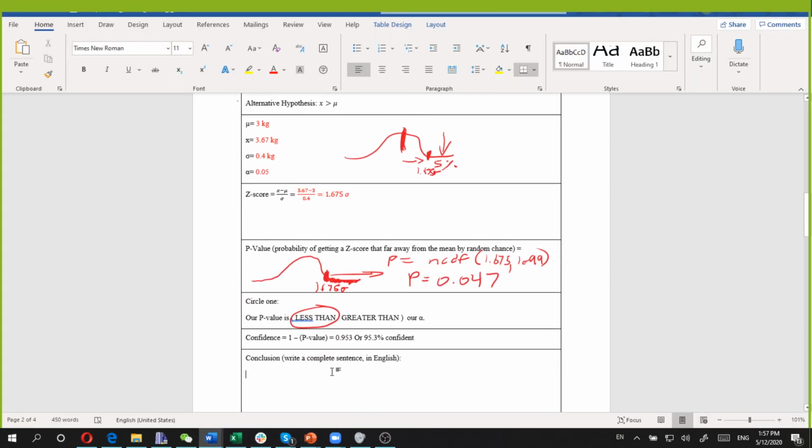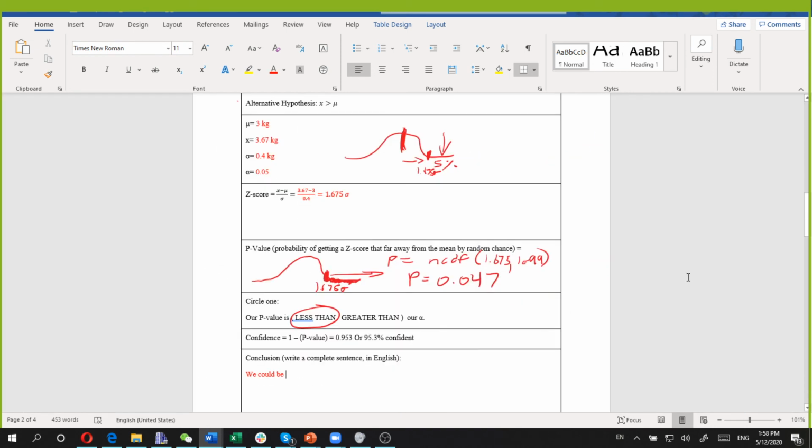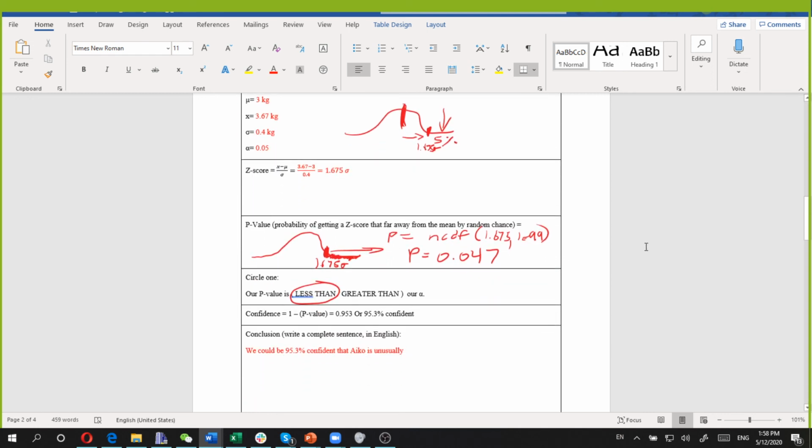Okay, so what's our conclusion? I don't think I can get all this on one page. Sorry, guys. Basically we could conclude that ICO is abnormally heavy. How confident are you that she is abnormally heavy? 95.3%. Okay, we can be 95.3% confident that ICO is unusually massive.